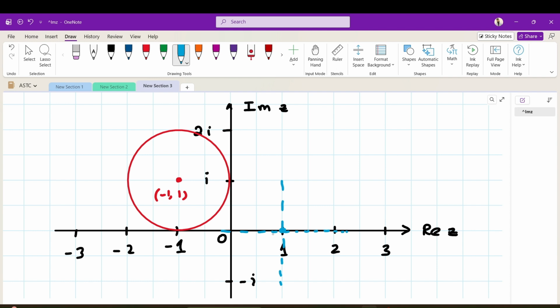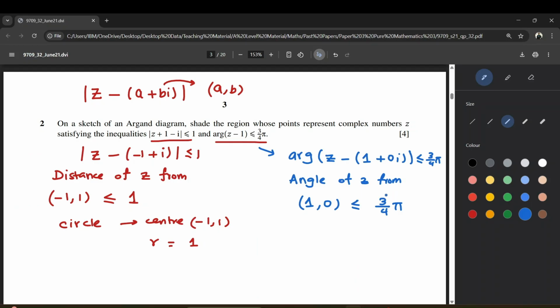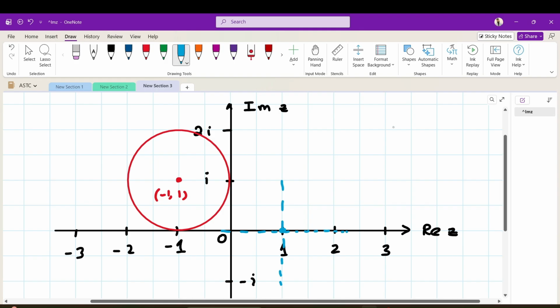Now you need to draw a straight line from here, and the angle should be less than or equal to 3 over 4 pi. Now 3 over 4 pi is 3/4 of pi. In terms of degrees, that would be 3 upon 4 multiplied by 180, which gives us 135 degrees.